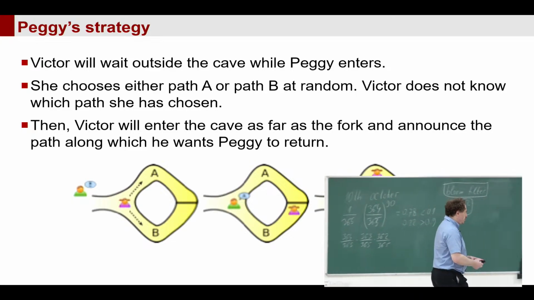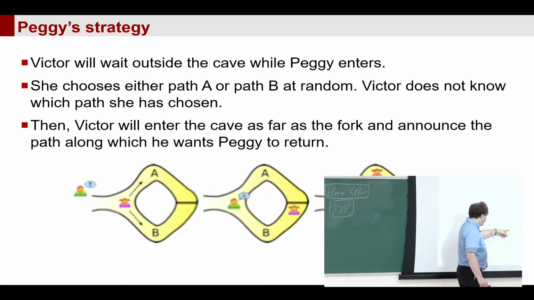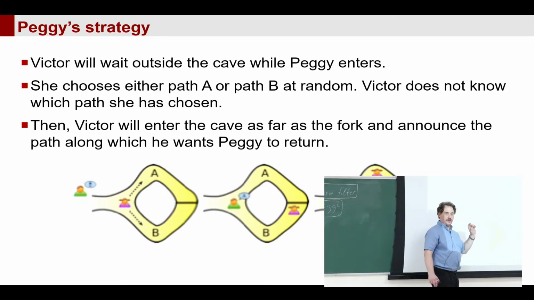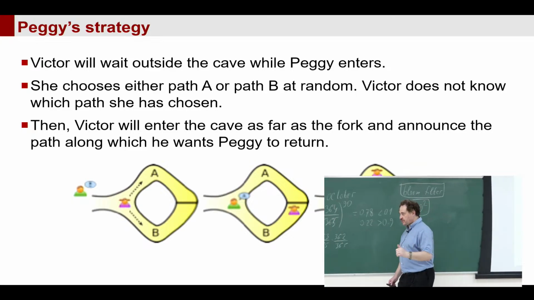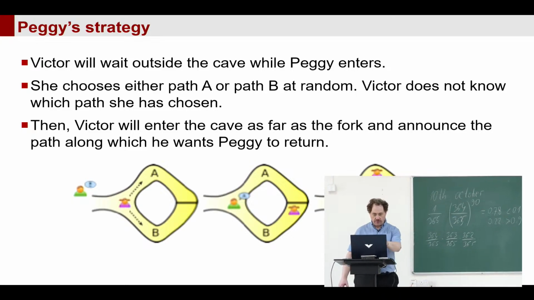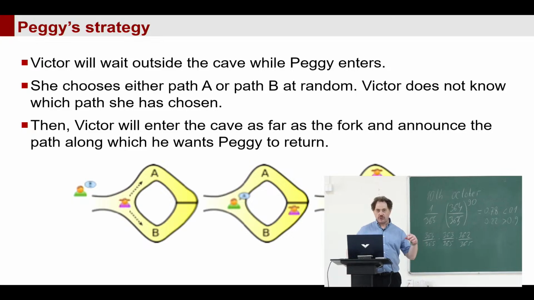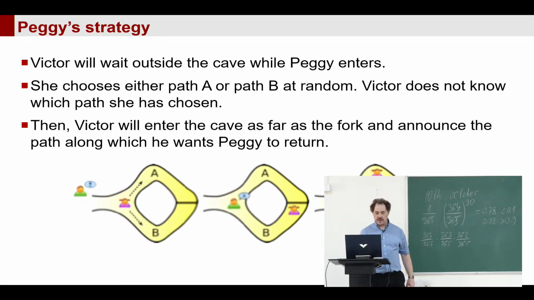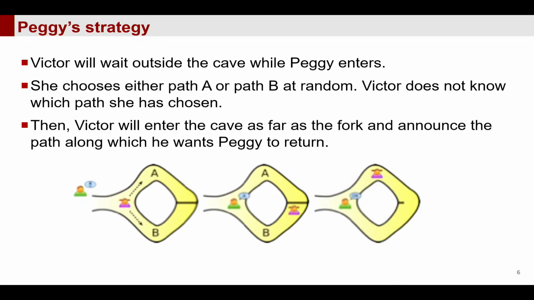Peggy chooses one path at random, goes to the door, and waits. Then Victor enters the cave, goes to the fork, and shouts which way he wants Peggy to return, way A or way B.